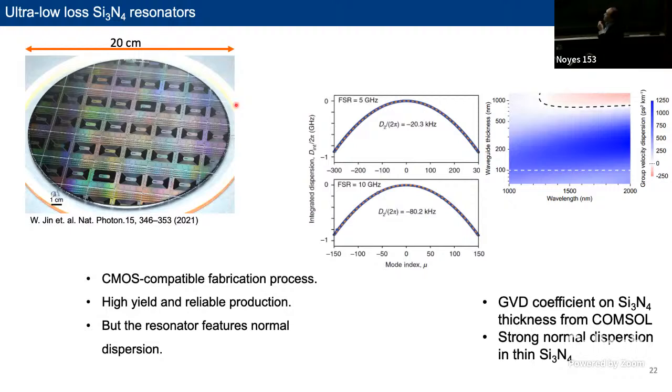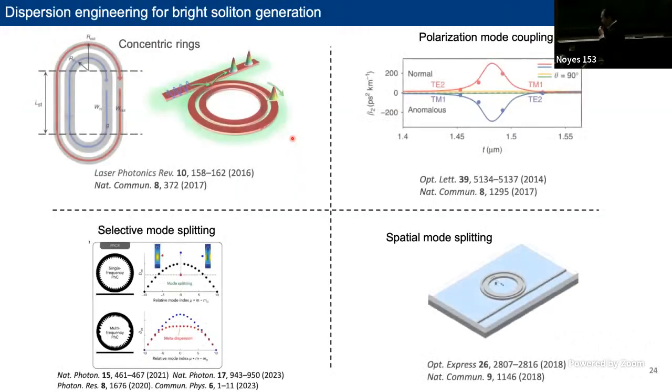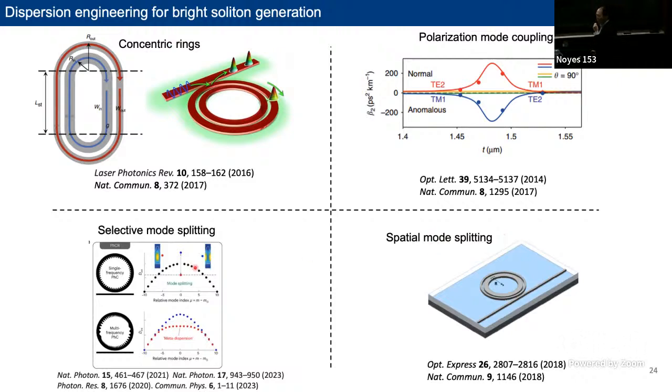Okay, so let's come back to dispersion. Dispersion here is normal, so we need to do something with dispersion engineering. Some of the techniques we can think about in this platform involve concentric ring coupling, polarization mode coupling, spatial mode coupling, and selective mode splitting.